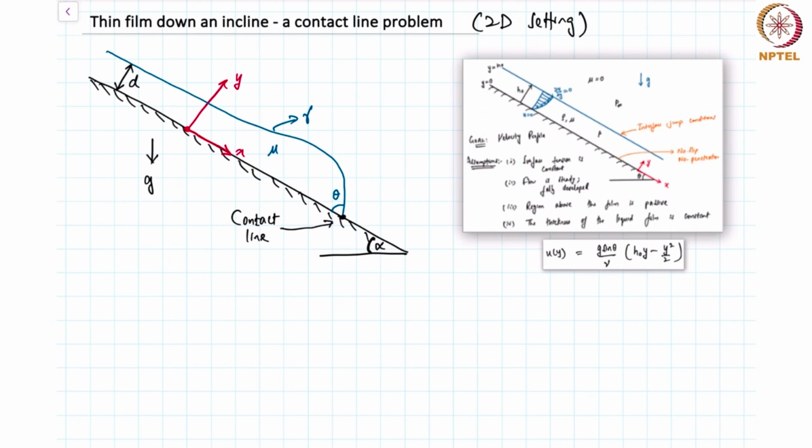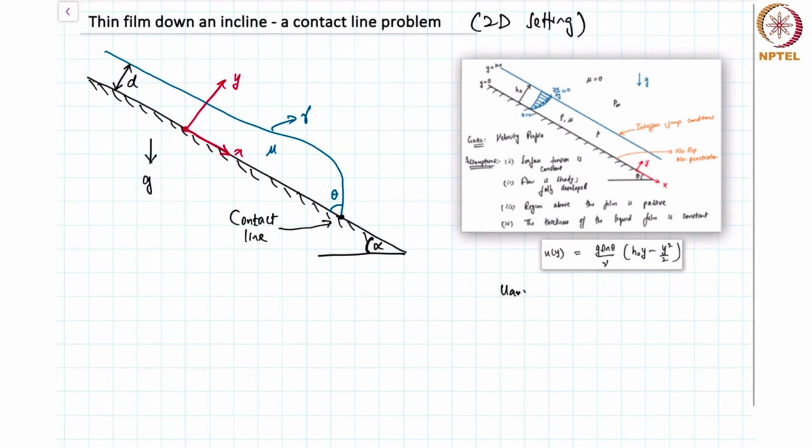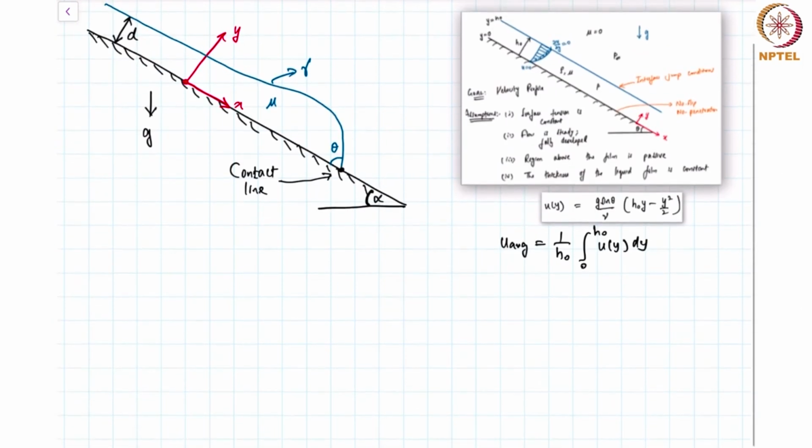So let us begin by looking at a uniform film down an incline as an example. Here we had calculated a few weeks ago that the velocity profile has a half parabolic shape. And if we calculate the average velocity for that profile, the average velocity was simply 1 by h naught, integral from 0 to h naught of u of y dy, and if we do the integration, we simply get 1 by 3, and instead of using kinematic viscosity, I'll use the dynamic viscosity.